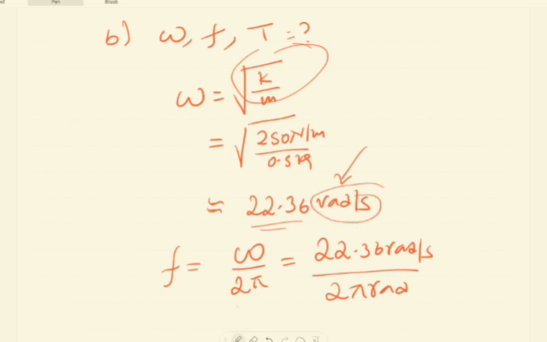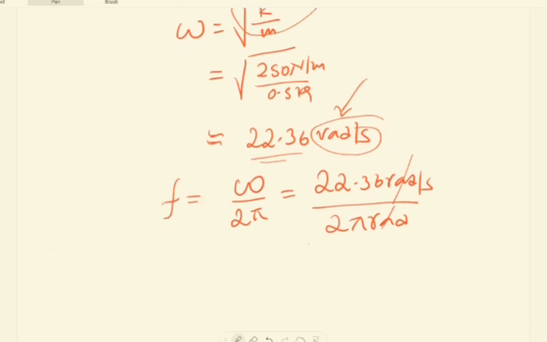So finally here 2 pi simply is the radian measurement, by cancelling the radian unit you will find a result of 3.56 second inverse, or frequency is measured in terms of hertz, so we should specify its unit, 3.56 hertz.